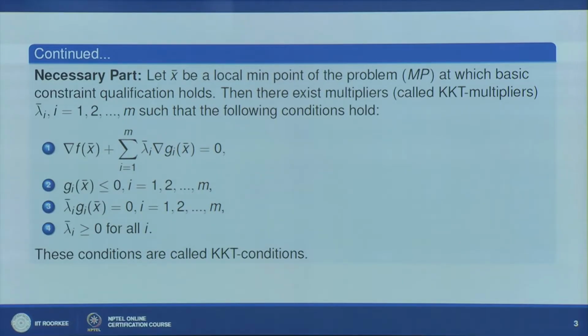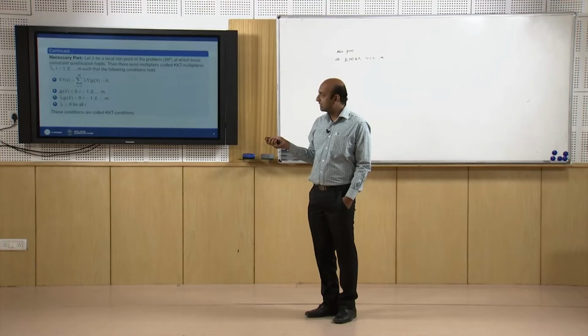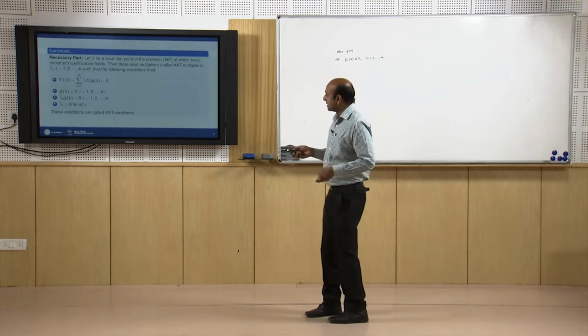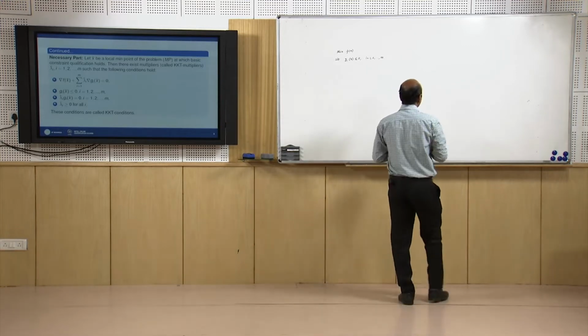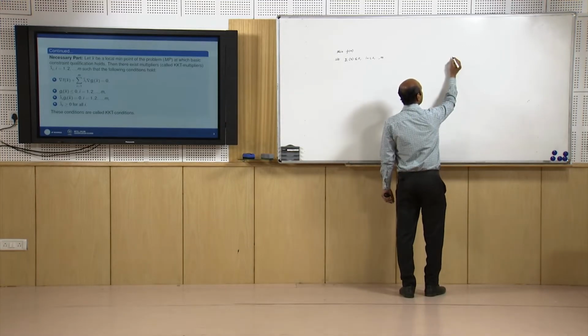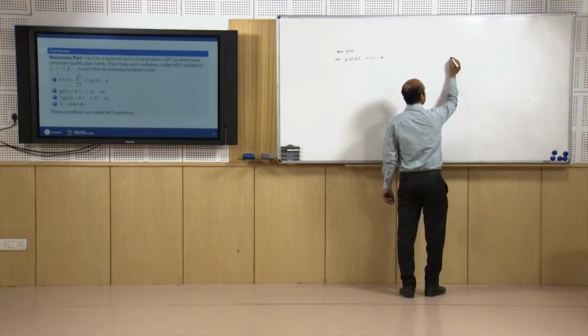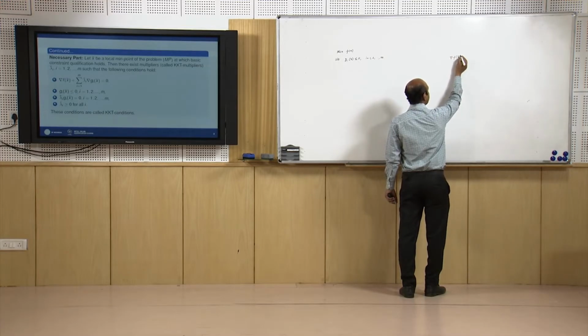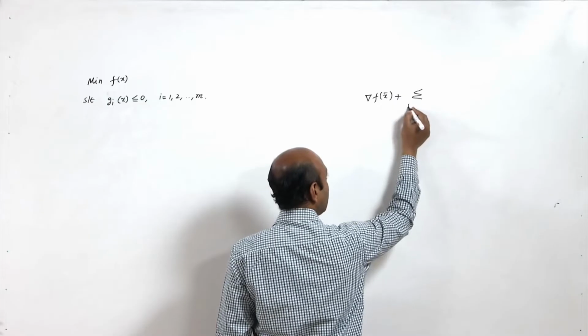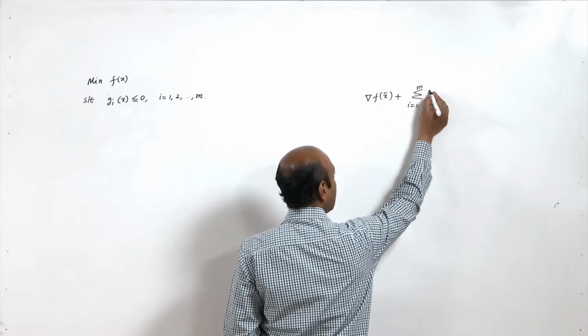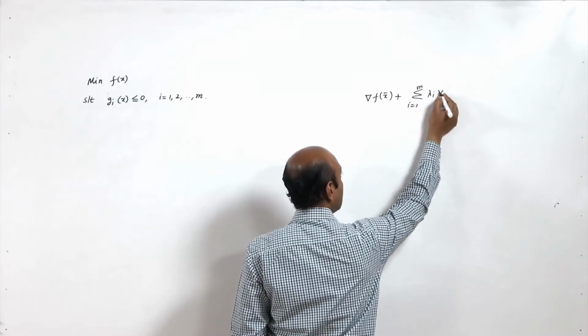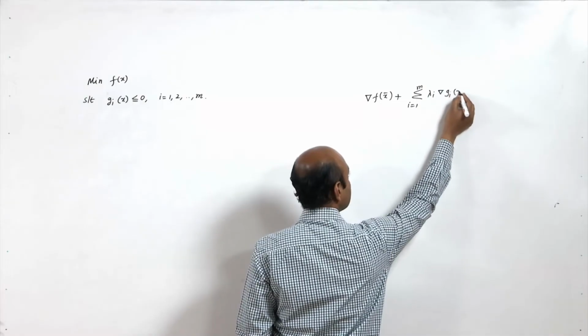What are the conditions? The first condition is the same as the Lagrange condition for the Lagrange multiplier method, and we call these conditions KKT conditions. The first condition is gradient of f at x bar plus summation i from 1 to m of lambda_i bar times gradient of g_i at x bar must be 0.